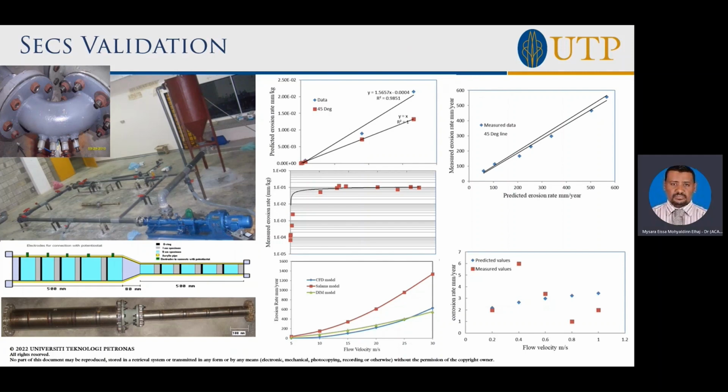The second set of data is published data for erosion and corrosion, and the third set of data is CFD results. All the comparisons of our software results with these sets of data confirm very high agreement of the results with the measured data.